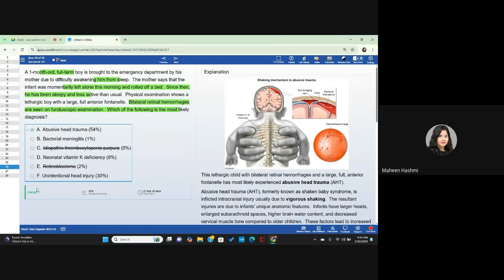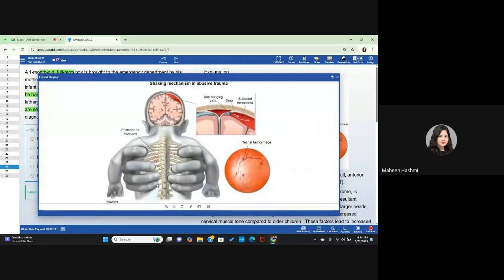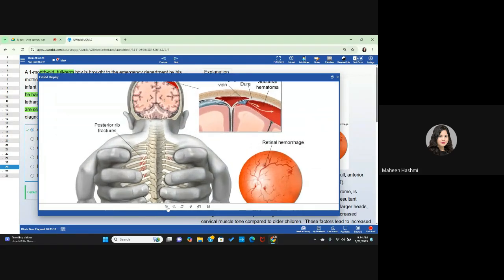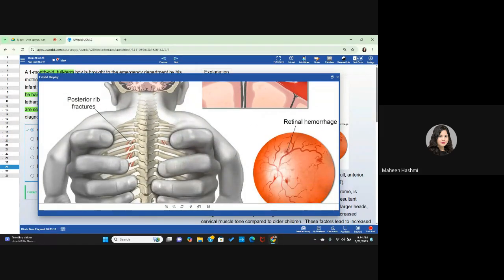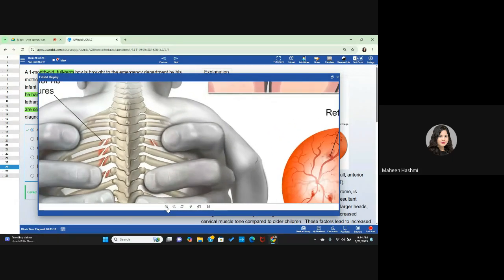Again, very high yield for you to remember shaken baby syndrome. Whenever you have child abuse cases, the first step on any USMLE is to call for Child Protective Services. You immediately call for CPS. And the other thing is you also order a skeletal survey of the child. You see that there are many broken ribs. See these posterior rib fractures, right? So that is why you order a skeletal survey of patients who are suspected of child abuse.